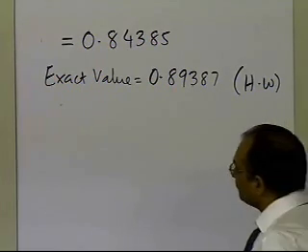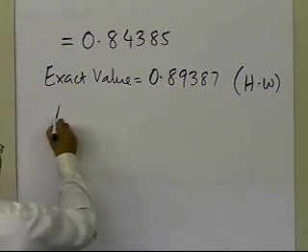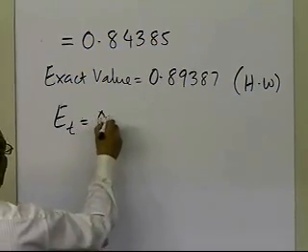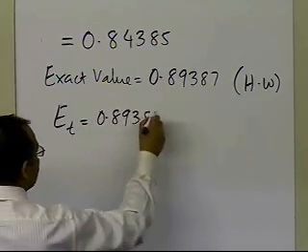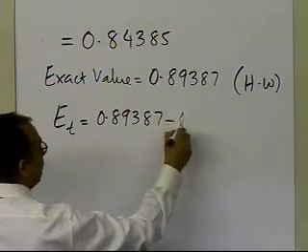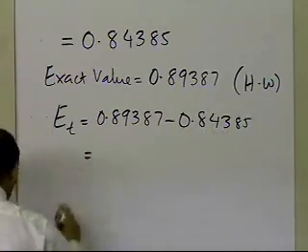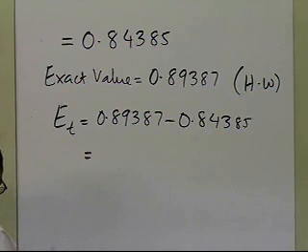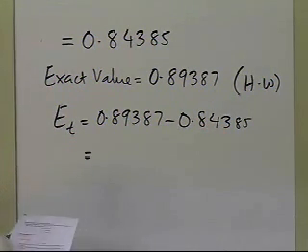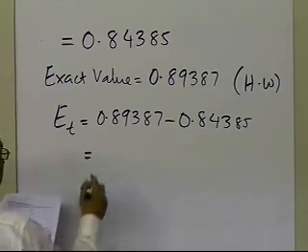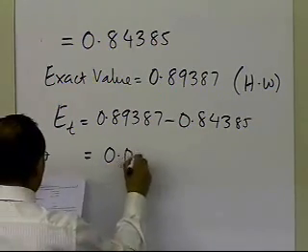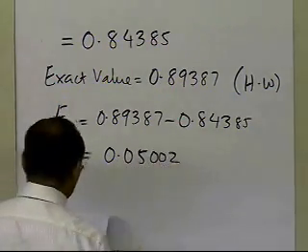So the true error is the exact value, which is 0.89387, minus the approximate value, and the true error in this case turns out to be 0.05002.